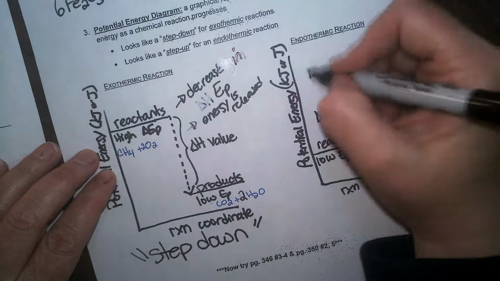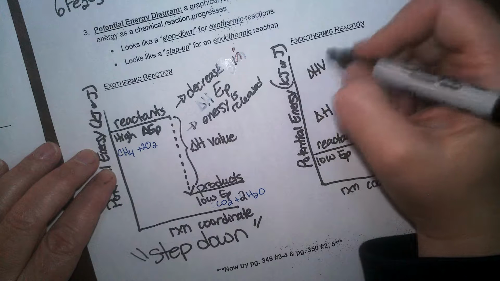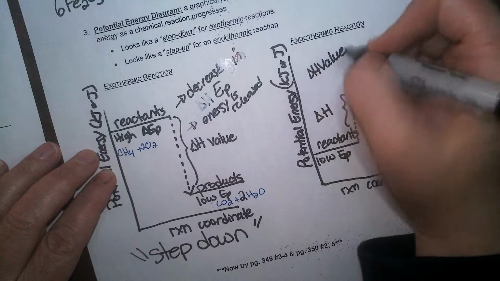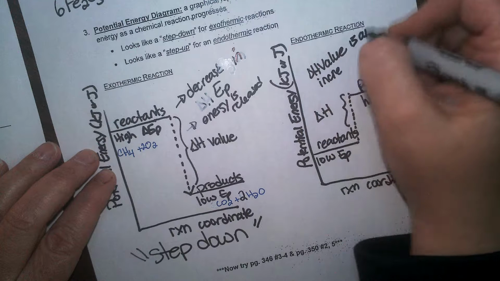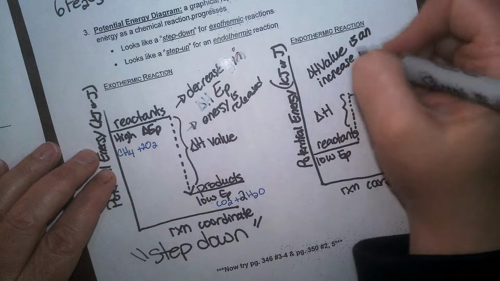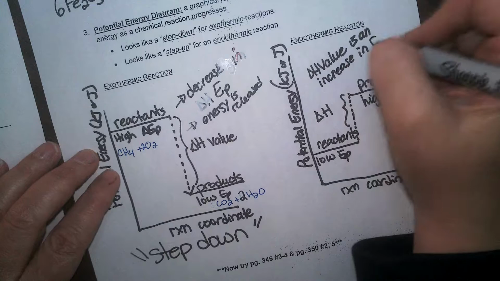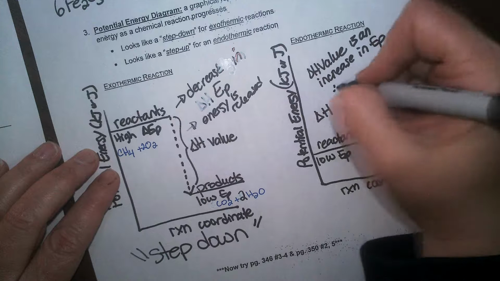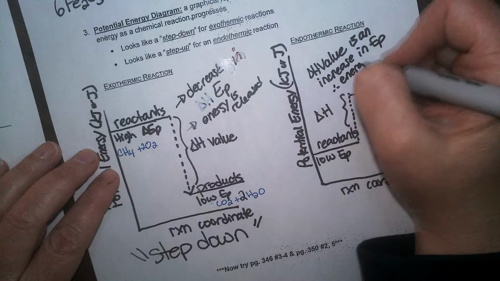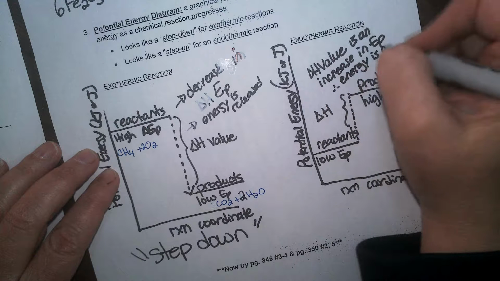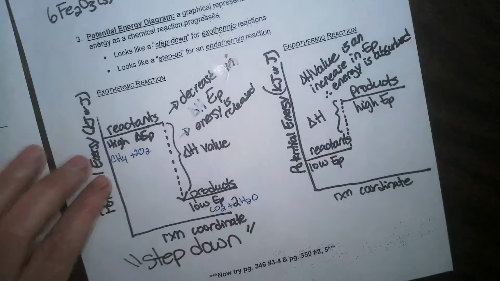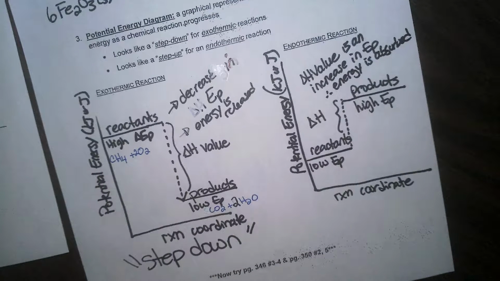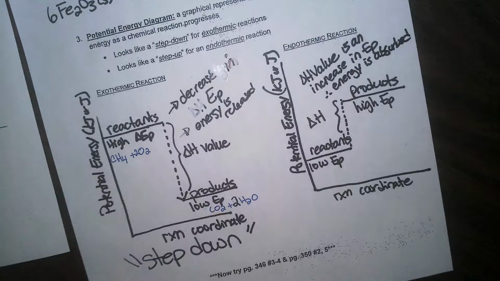Okay, so the delta H value is an increase. Okay, delta H value is an increase in energy, in potential energy, so therefore energy is absorbed.